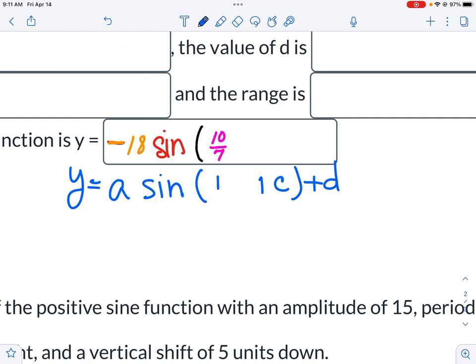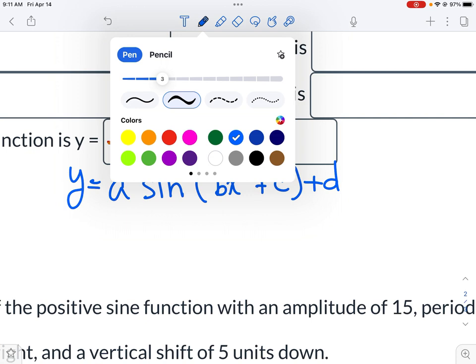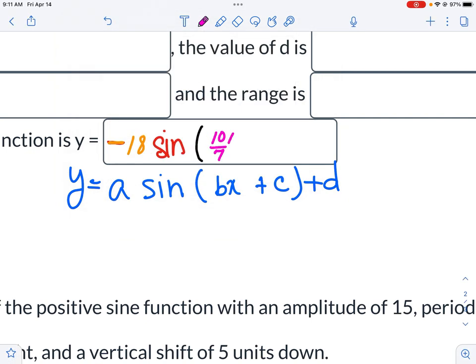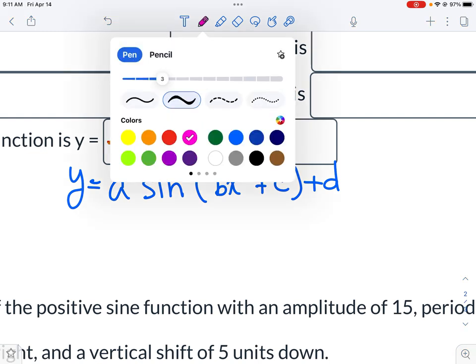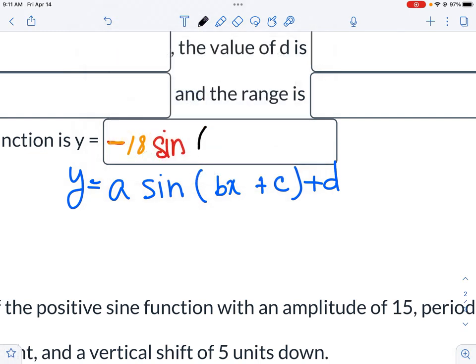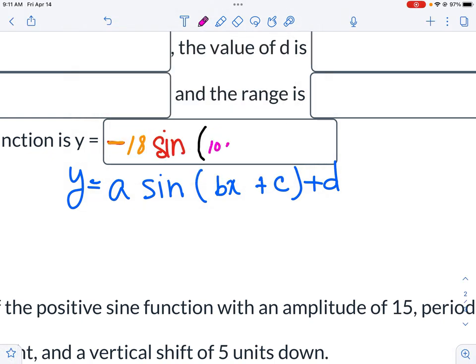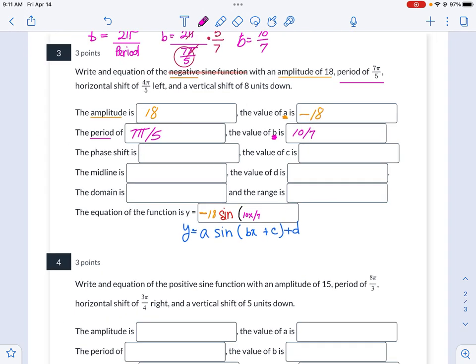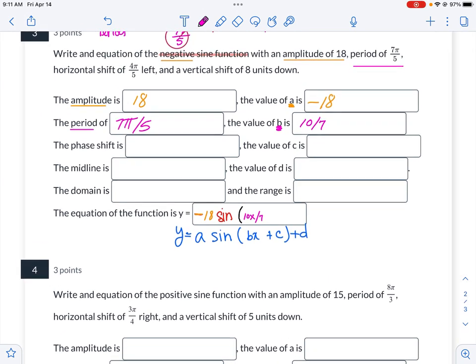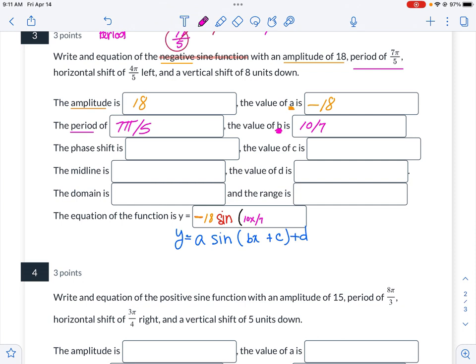So this is going to be bx. So this is going to be 10x. And actually the way I'm going to write that in Canvas, now that I think about it, is I'm going to write 10x slash 7, because that's what I had for b.